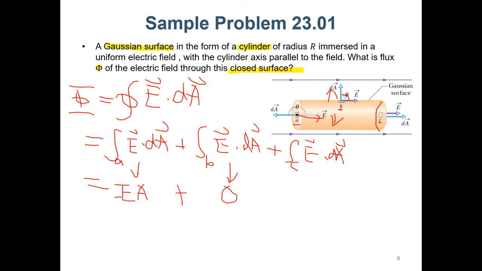And for the C part, it should be plus EA, because E and dA point in the same direction, and E is uniform across the whole area. So it's nothing but E times A, because you integrate a constant. It's very easy.